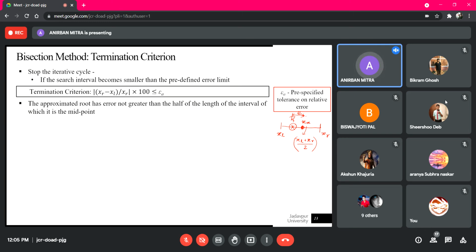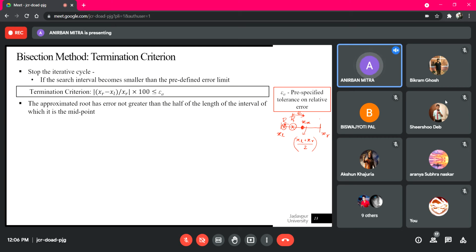Now what could be the maximum value of this error? The maximum value could be when R is very near to this edge. If R moves towards this XL, very near, almost on top of XL, but not exactly XL, then we have the maximum error from XM. Same thing could happen if this R is situated on the right hand side, very close to XR.